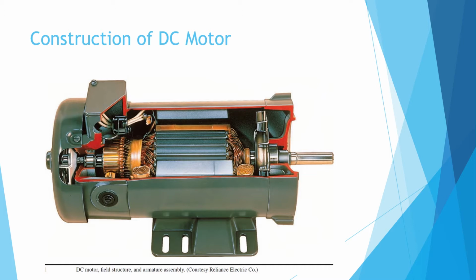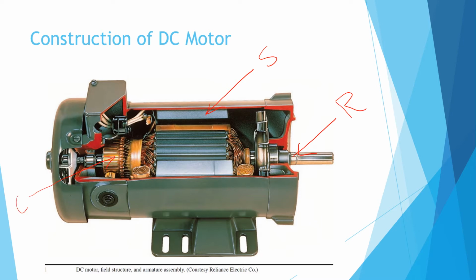In the coming slides, I will be discussing the construction of DC motor. Generally we have two major parts. The first one is your stator and the second is your rotor. You can see this one is called the commutator.